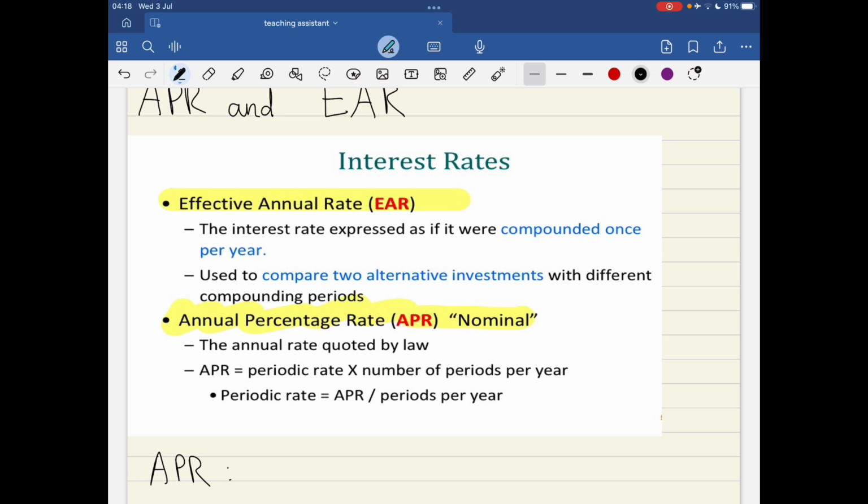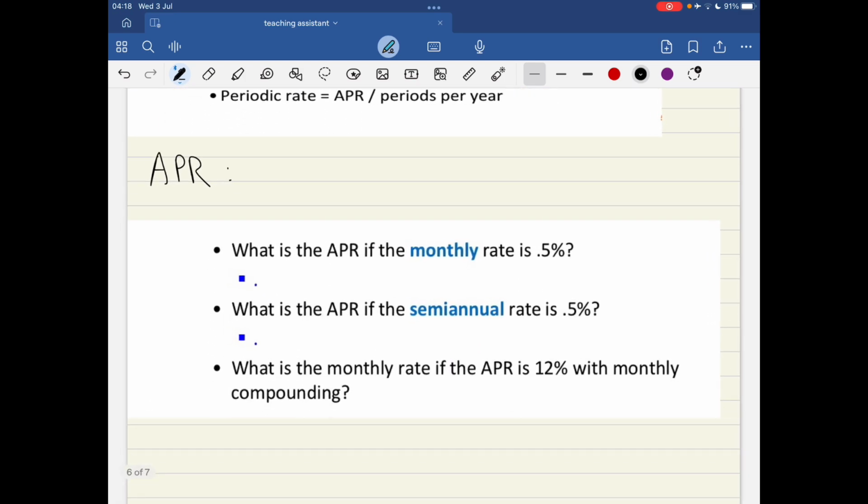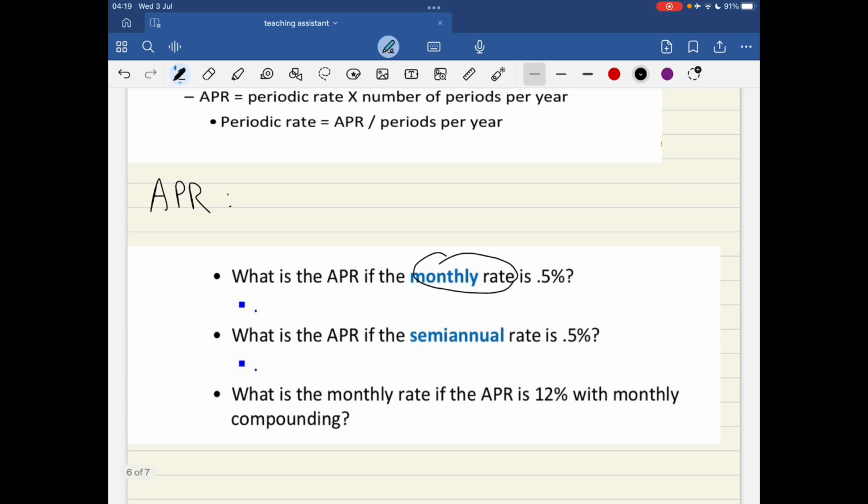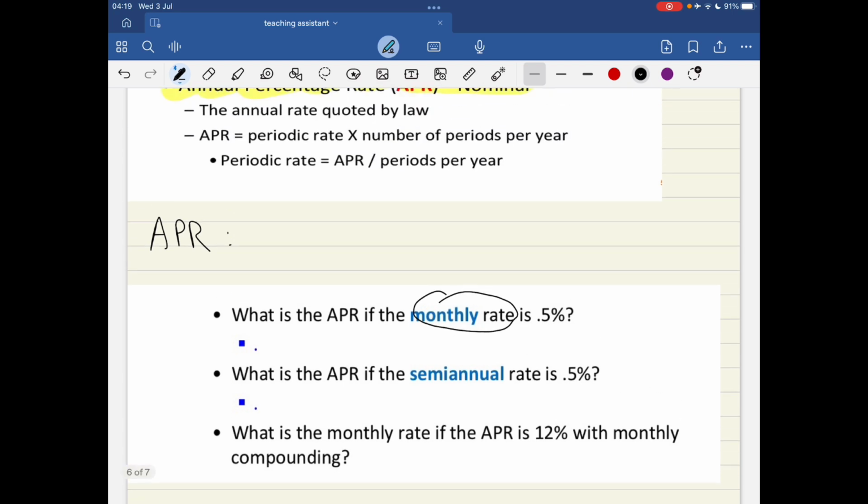So the periodic rate is equal to APR divided by periods per year. For example, what is the APR if the monthly rate is 0.5%? So the monthly rate is 0.5%. How many months are there in 1 year? Look at the formula.